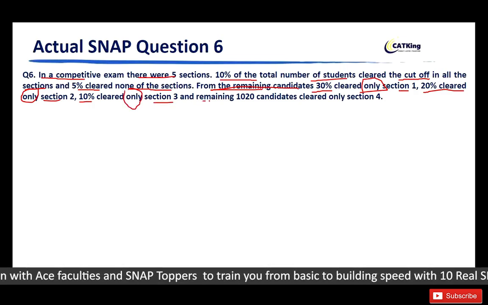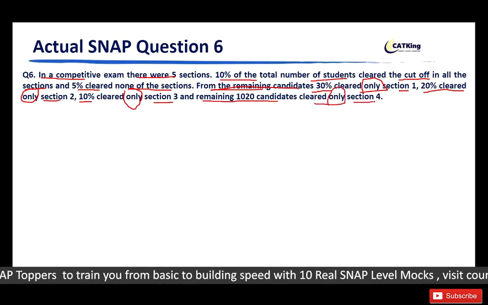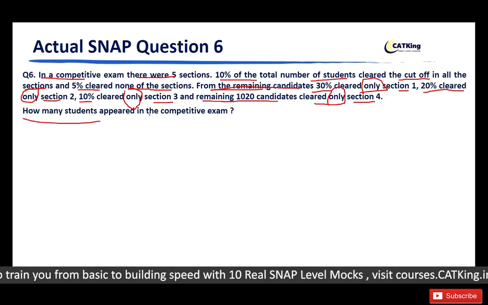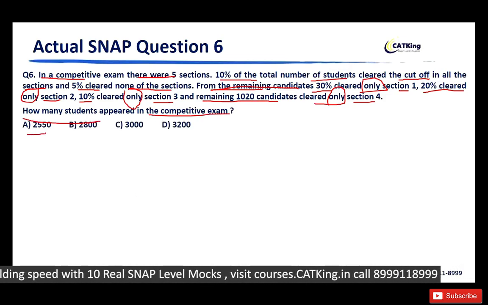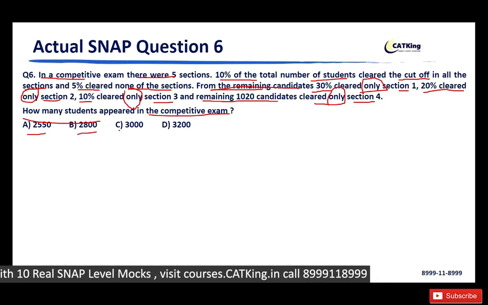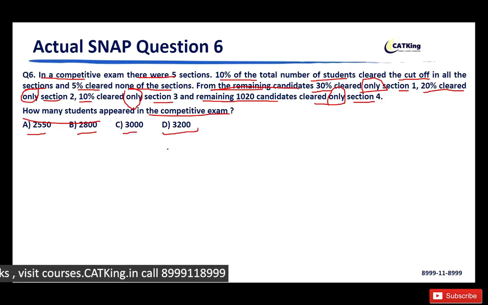And the remaining 1020 candidates cleared only section 4. So how many students appeared in the competitive exam? The options given to us are option A 2550, 2800, next is 3000, and the last option, option D, is 3200.